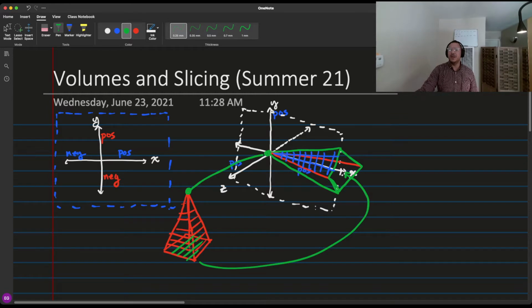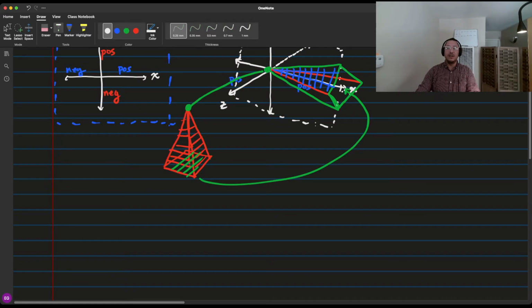Okay, so you start wondering like, okay, yes, this has volume. How the hell am I going to find the volume of this using a definite integral, which is supposed to be used to calculate area? And what you realize is that, let's go back to our definition of the definite integral.